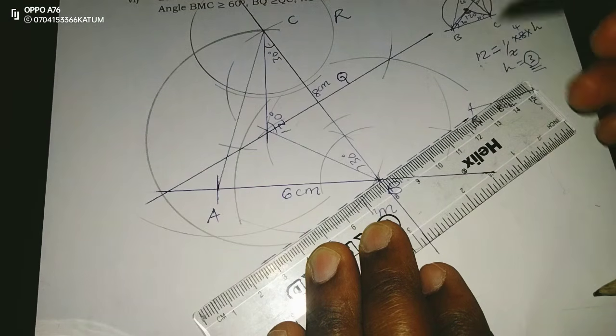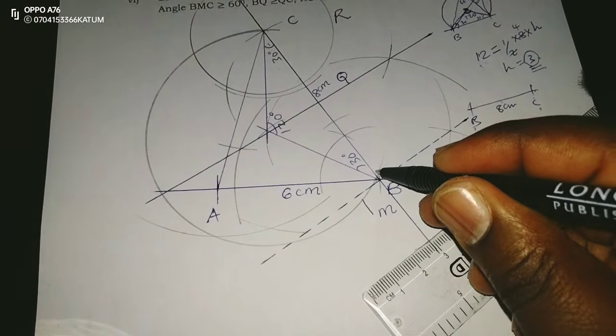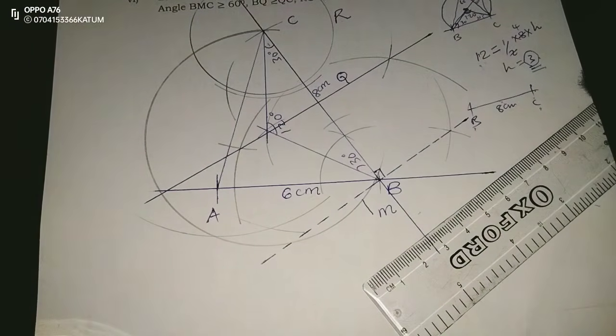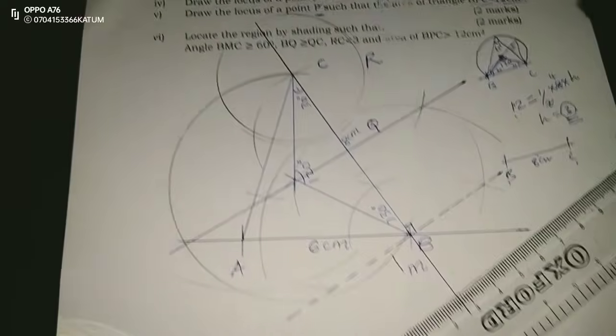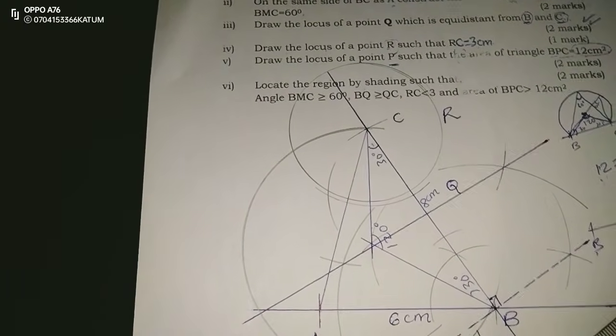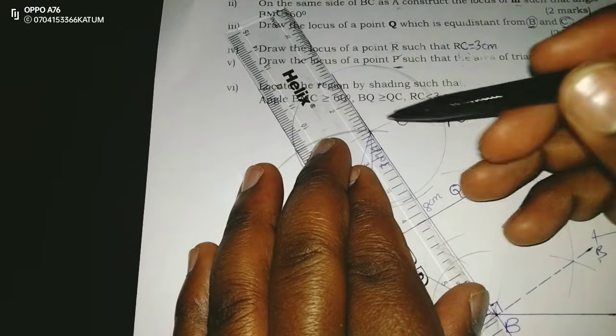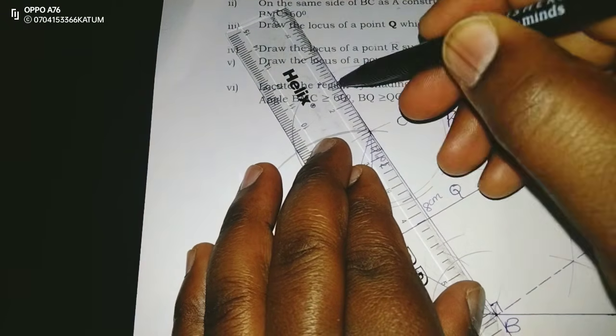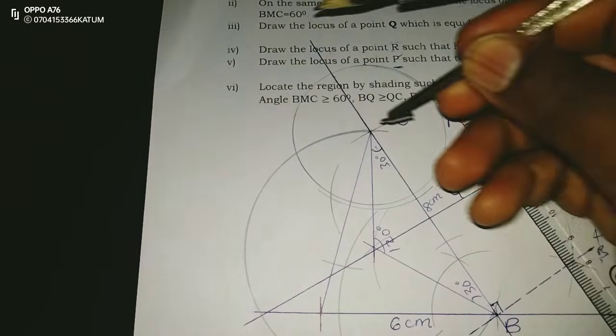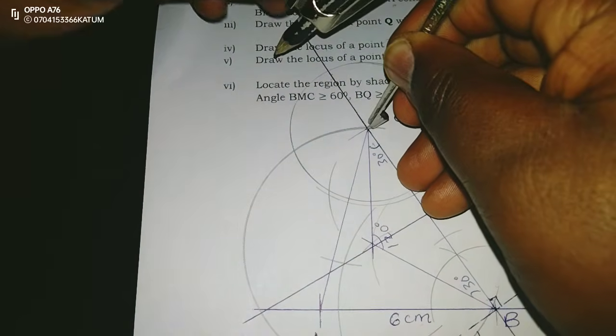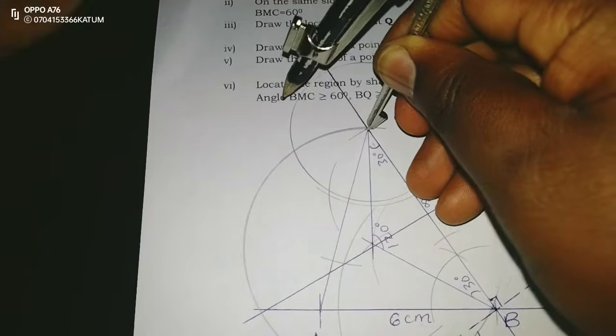This is a line which is just perpendicular at that point. We can do the same at C. Because this one has been prolonged, I'll need to stand here. I make an arc.